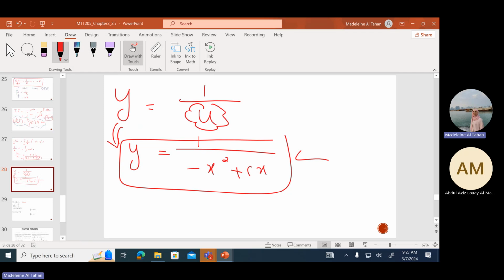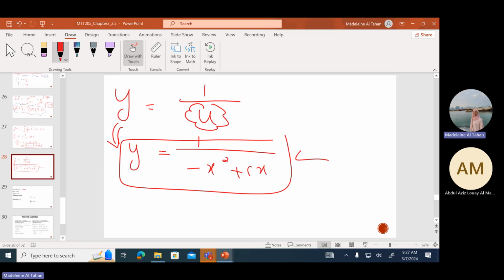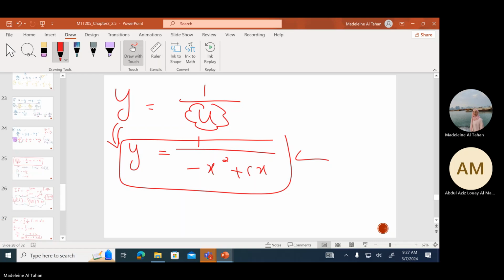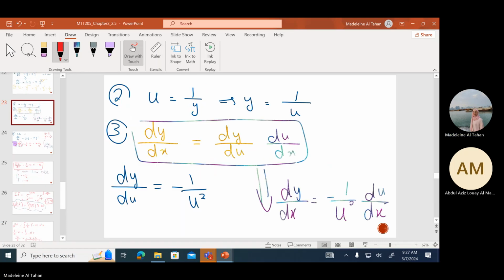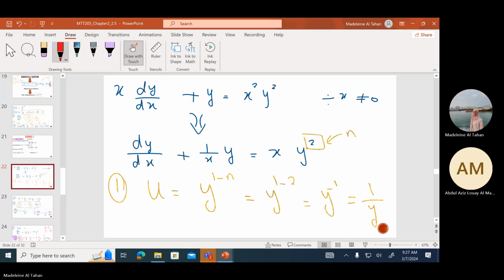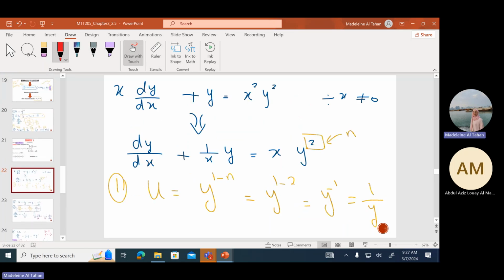So this one is our final answer. Any questions? If you go back to slide number 23. Yes. In the second step, when it's 1 by x and it is substituted.